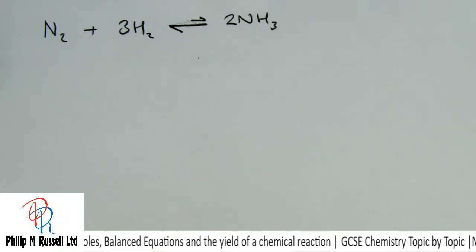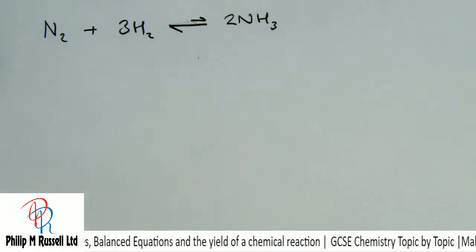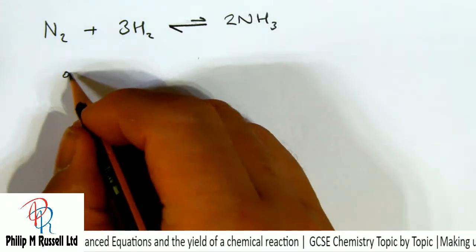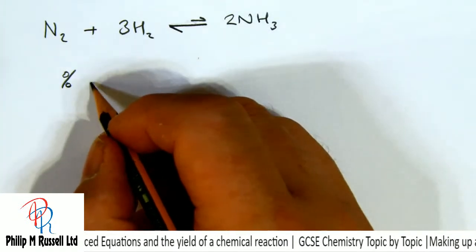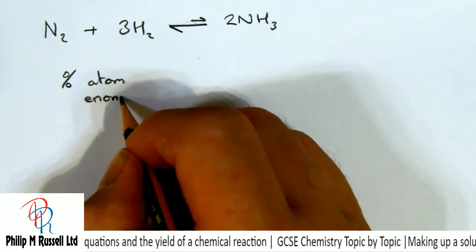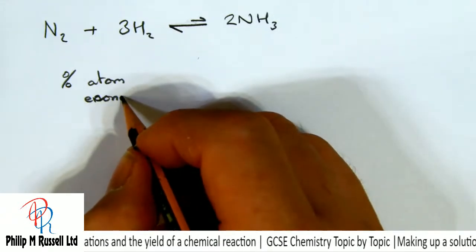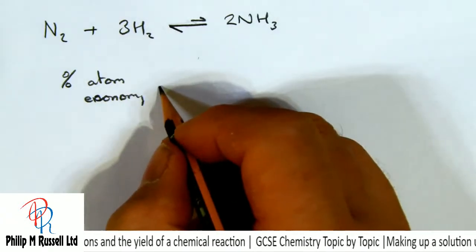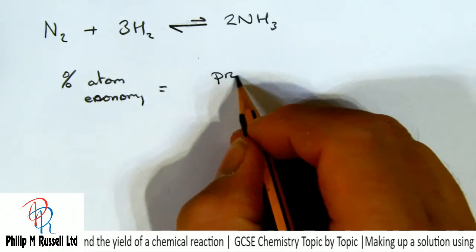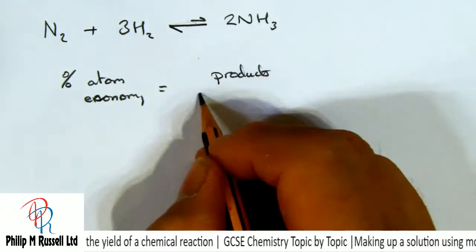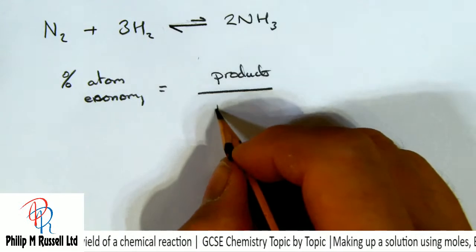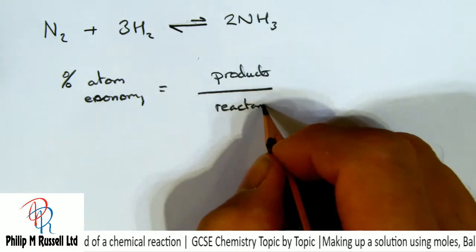Let's look at the reactants and the products. So my percentage atom economy is going to be the mass of the products over the mass of the reactants.